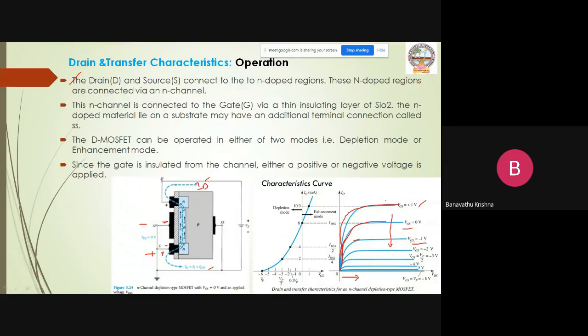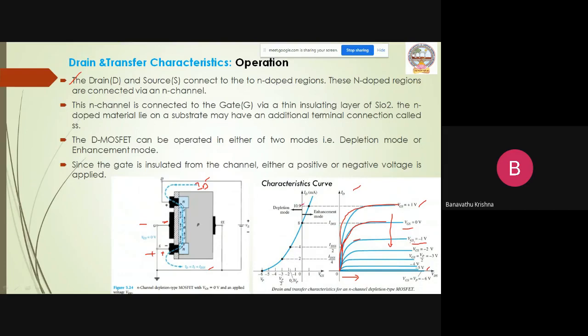This is the current-voltage IV characteristics curve for the N channel depletion mode MOSFET. Next, the transfer characteristics. Let us see here for 0 to 1 volt. For example at 0 volt, with the maximum amount of VDS, the current will be maximum here.